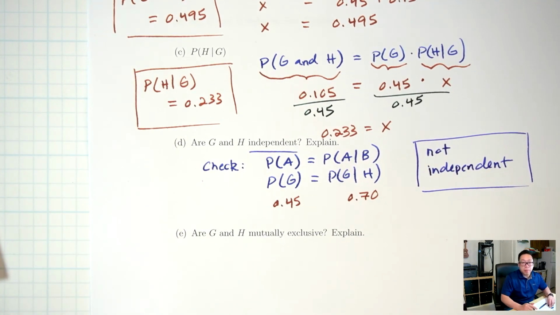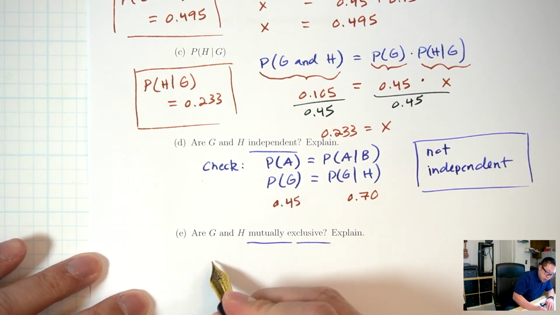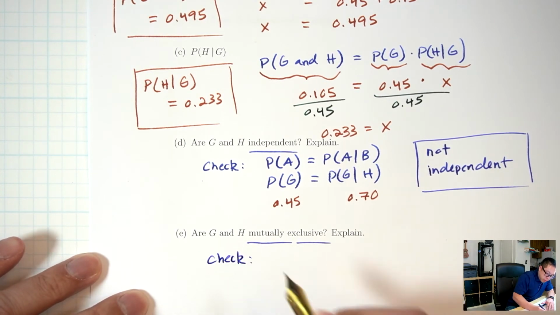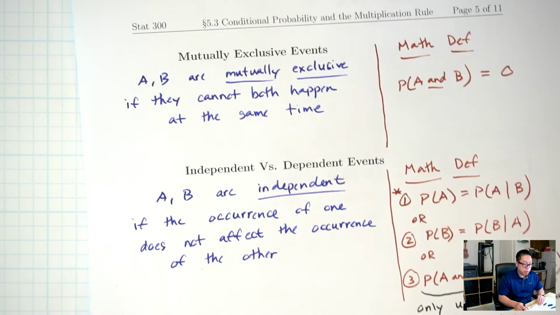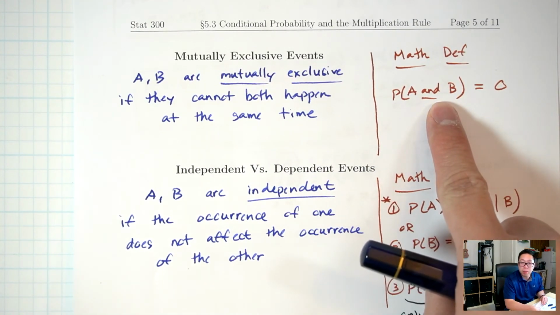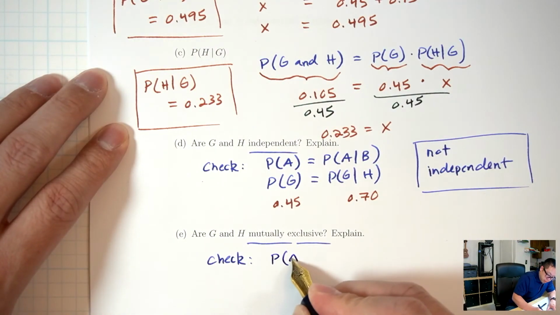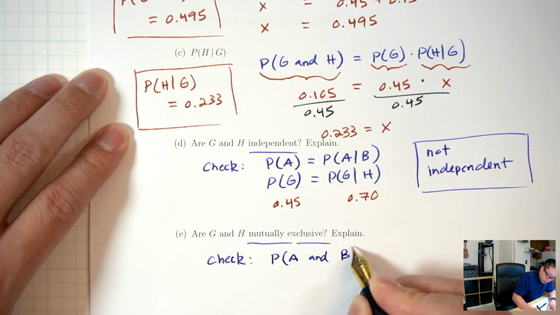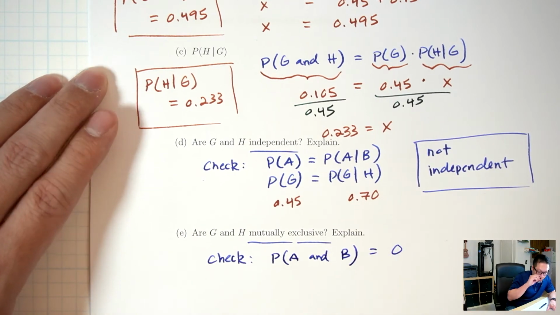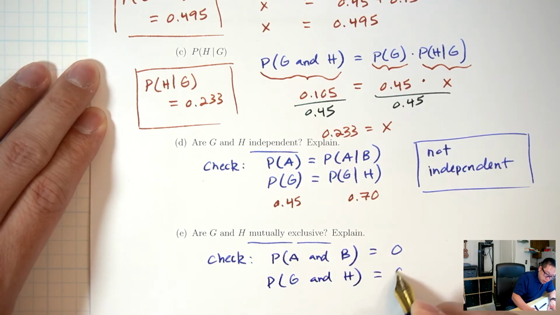Part E, are G and H mutually exclusive? Right, mutually exclusive. You're checking the and, right? P of A and B is equal to 0. And then because we're talking about G and H's here, let me rewrite probability of G and H is 0.